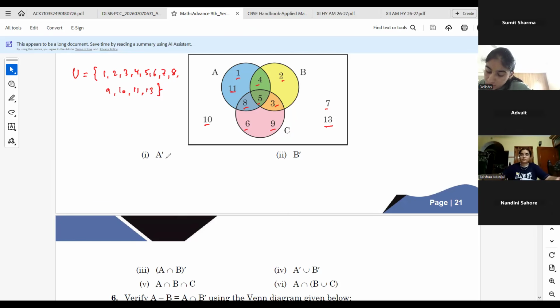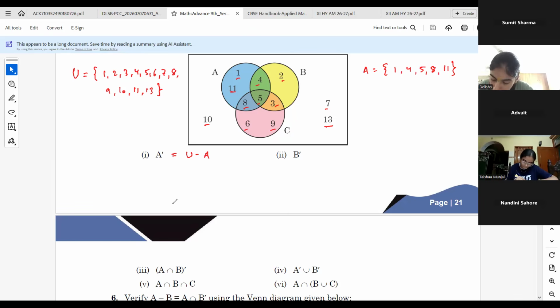Universal set. Now let us talk about A complement. A complement is U minus A. So if we talk about A only, set A contains 1, 4, 5, 8, and 11. These are the elements which are in A. You can see here also in the diagram: 1, 4, 5, 8, and 11.